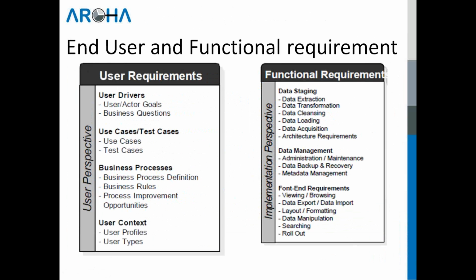Then you have the end user and functional requirements. So what is the user requirement? If I am the transit operational manager, for example, what do I look for as an end user?